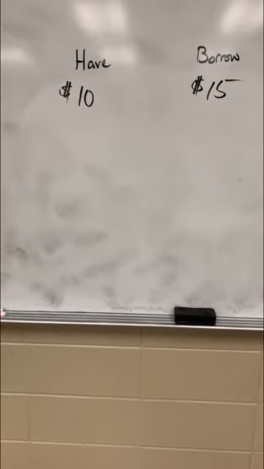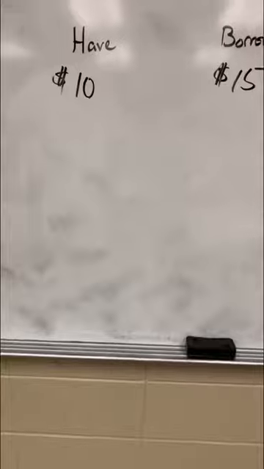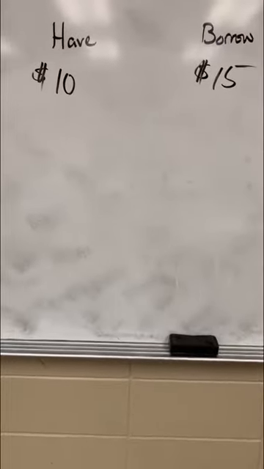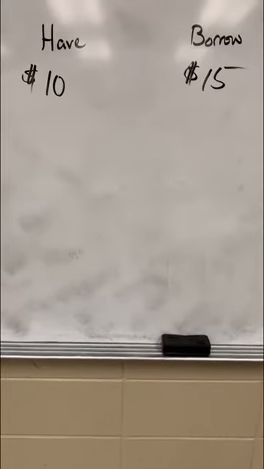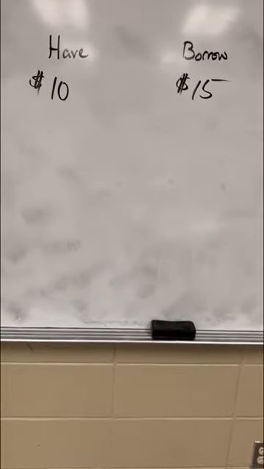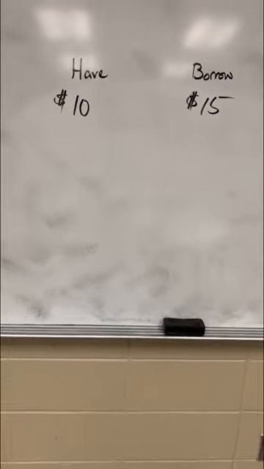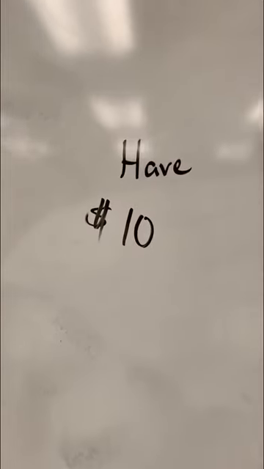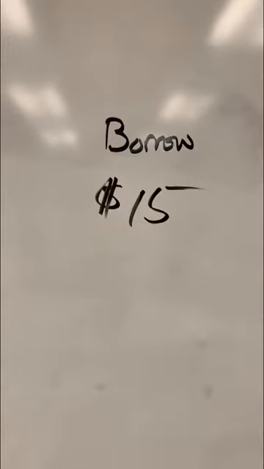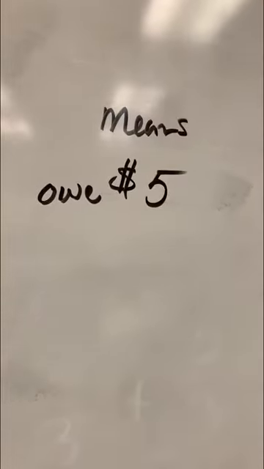If I have 10, but I'm trying to give you 15, I can give you the 10, but I'm still out $5 that I need to give you. At that point, that's when we talk about, okay, now you're in the negative. That's a negative 5 now because that's a 5 that you don't have. All right, so if you have $10, I need to borrow 15, that means you still owe $5.